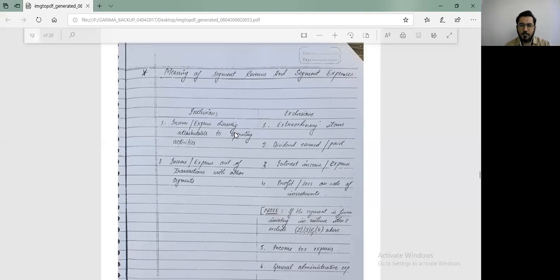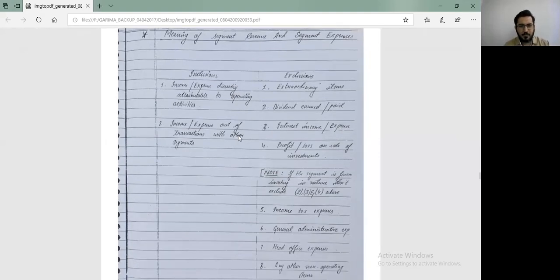Okay, let's begin. Meaning of segment revenue and segment expenses.